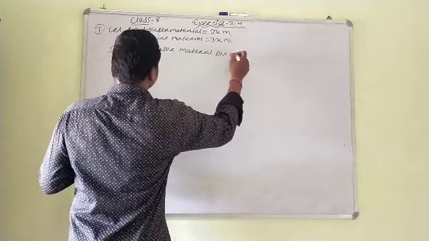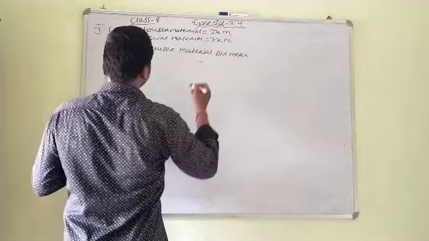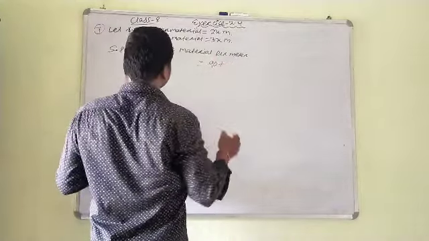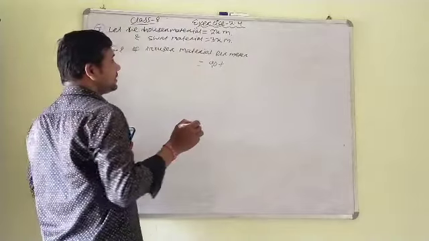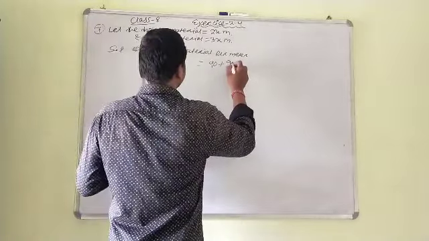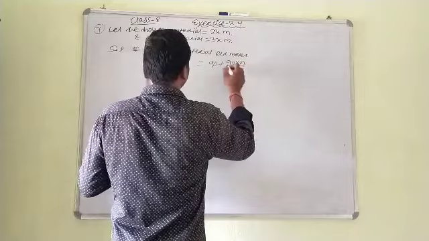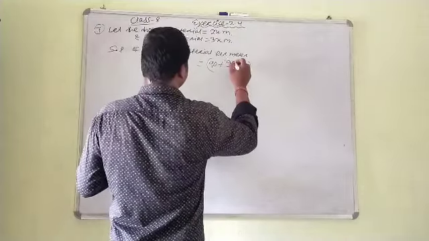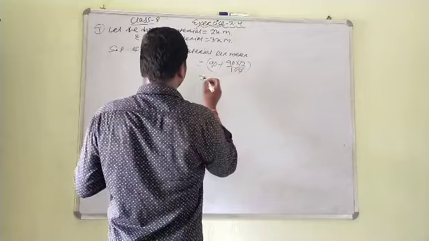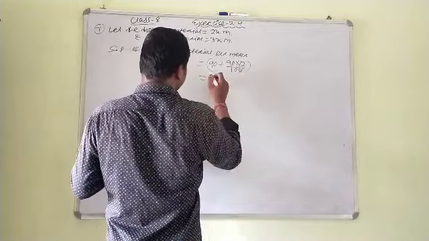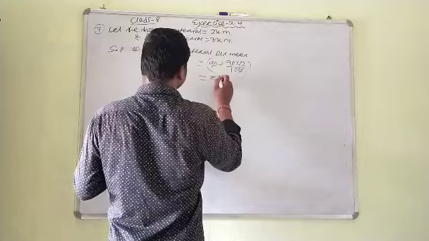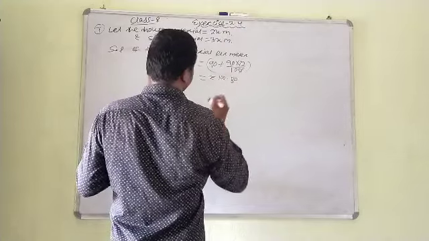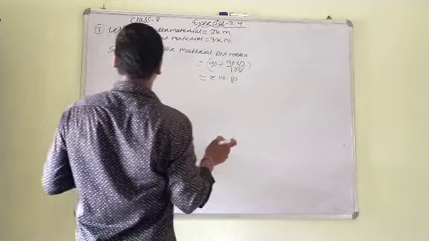is equal to 90 plus he gains 12% profit on 90. So 90 into 12 by 100, which is equal to, after solving, we'll get rupees 100.80.